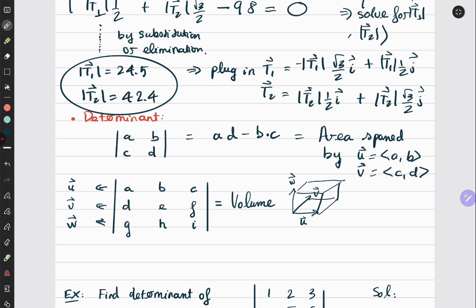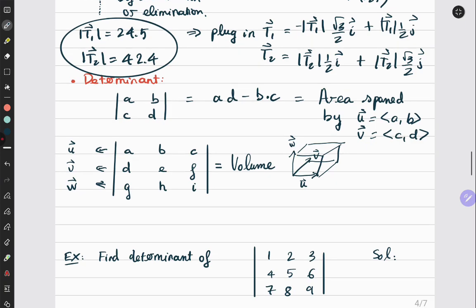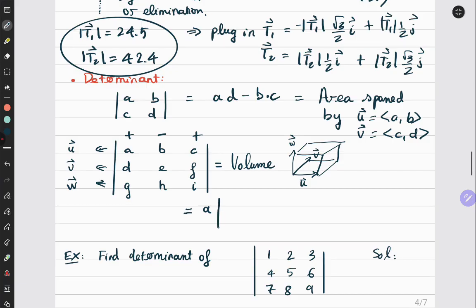u, v, w. And how do we compute that? Put the plus here, the minus here, the plus here. It's going to be A multiplied by the determinant. So A, this number, multiplied by the determinant of E, F, H, I, these four right here.